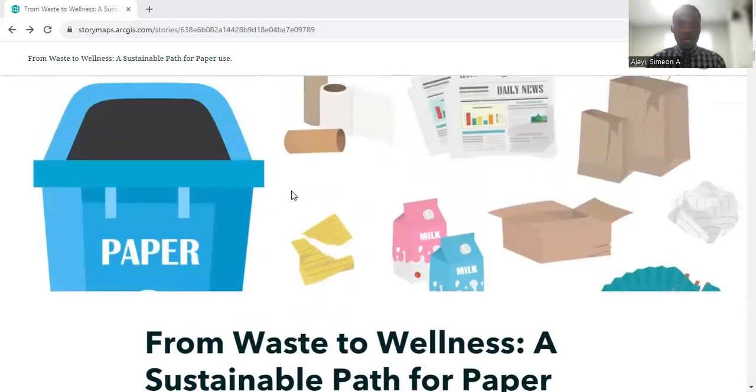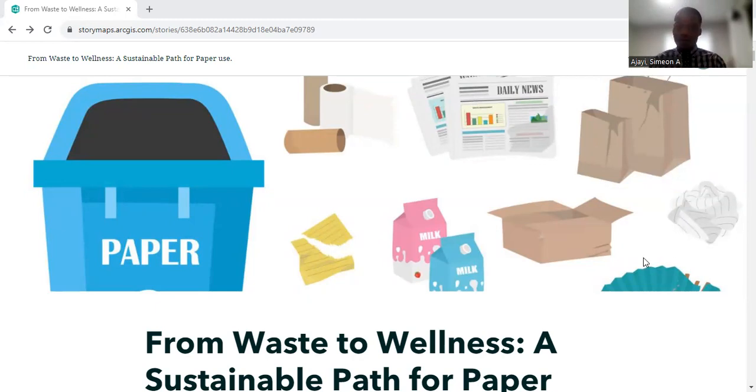So this is my picture interface for the story map. From this picture, we could see a lot of sources of paper product, ranging from toilet paper to newspaper to boxes used to wrap shopping products, and then food boxes as well, like milk, the McDonald's, all these eateries or restaurants' food packaging, and then paper towels as well.